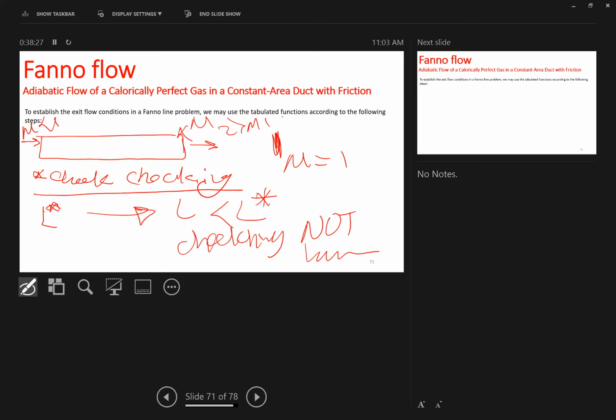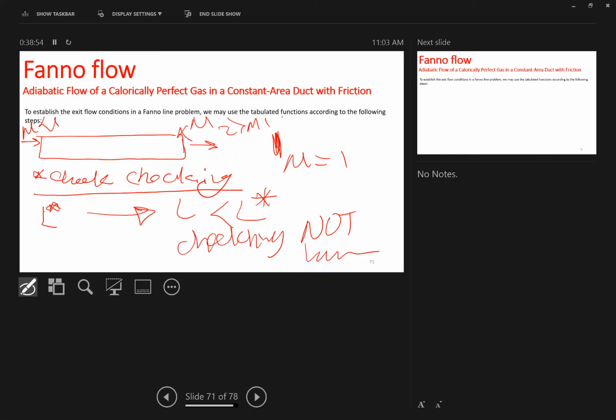Well, can we safely say that there is no choking because... Yeah, sure, definitely. Can we say that there isn't a change in area, essentially? That's the assumption. Yeah, the area doesn't change at all. It is a constant area duct, right? Well, I mean changing area because of adding heat or friction.